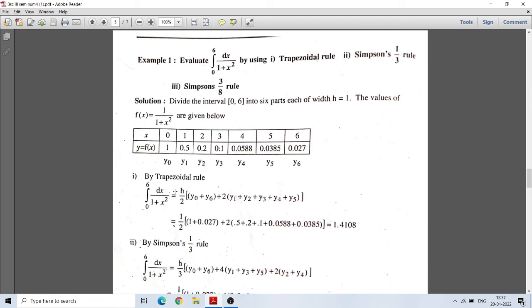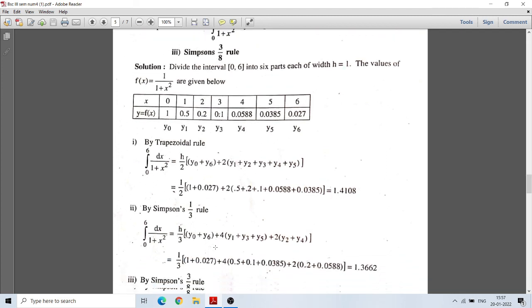What is h here? h is here 1. So 1 by 2, y0 is 1, y6 is 0.07, substitute, plus 2 as it is, y1 value 0.5, y2 value 0.2, y3 value is 0.1, y4 value is 0.0588, y5 value is 0.0385. Simplify this, we will get 1.4108.